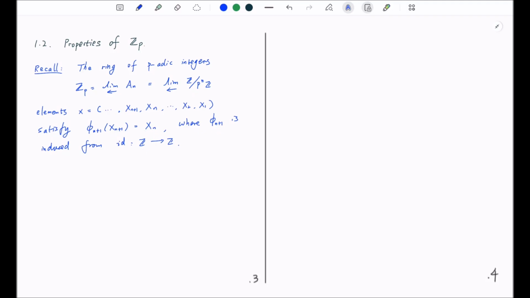This phi sub n plus 1 is the natural map from Z mod p^(n+1) Z to Z mod p^n Z, induced from the identity map on Z.